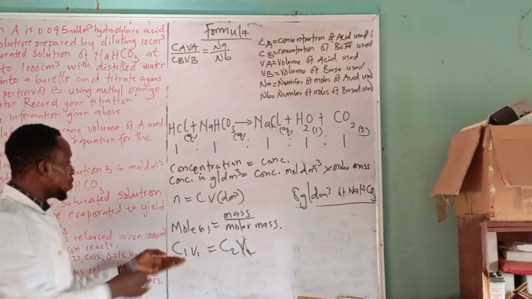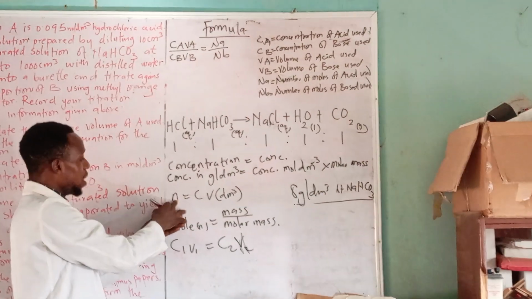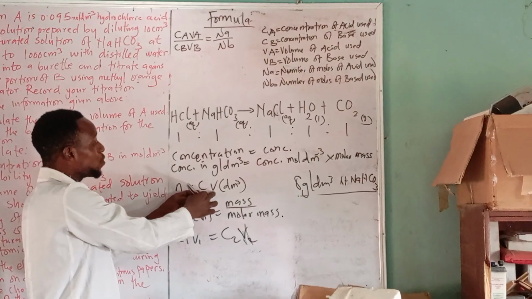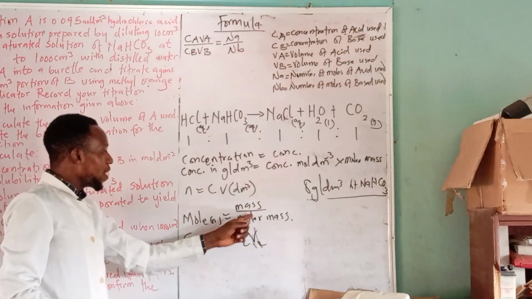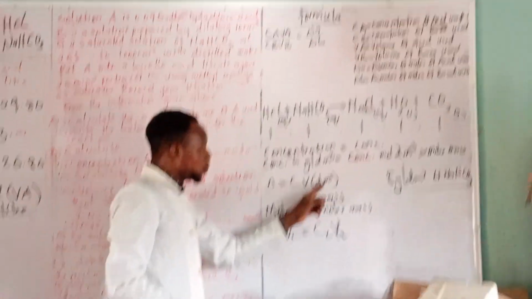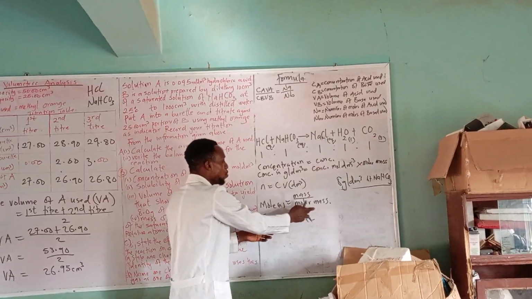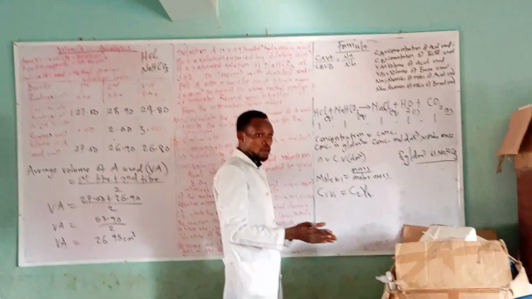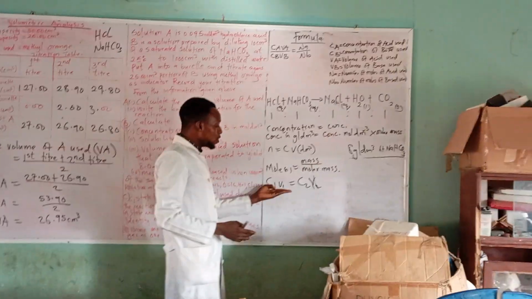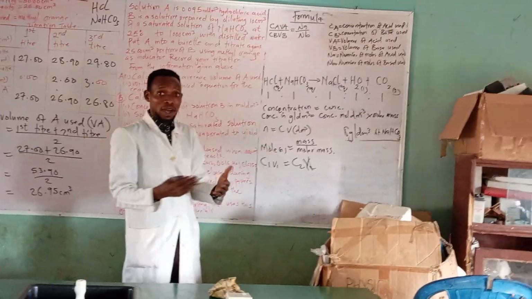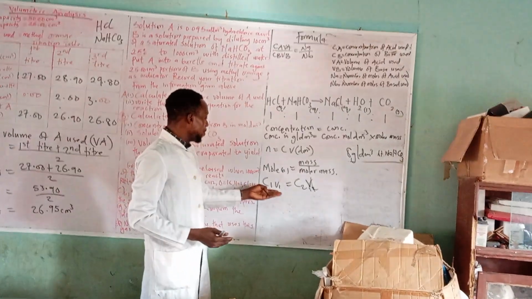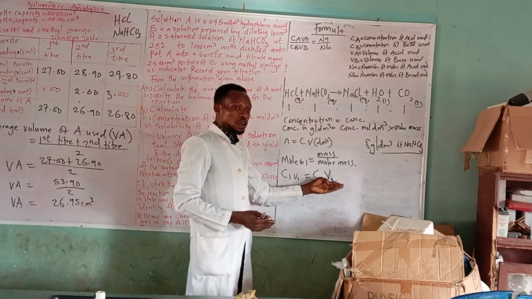So we have this formula here, n, which is number of moles, equals concentration times volume in dm³. Don't forget that this is in dm³. And we have moles that will be giving us mass over molar mass, our common formula for our units. So this formula is very useful for calculating our solubility. Now we have C1V1 equals C2V2.